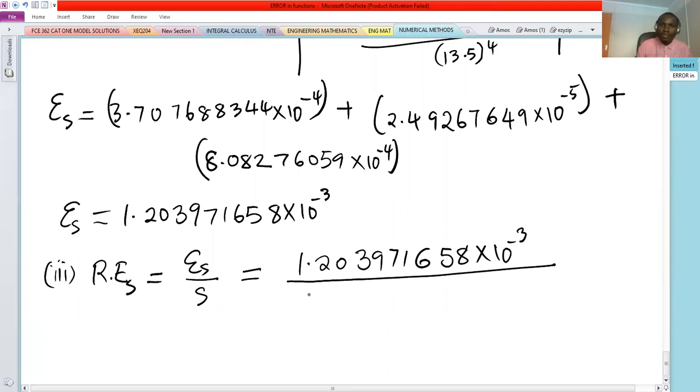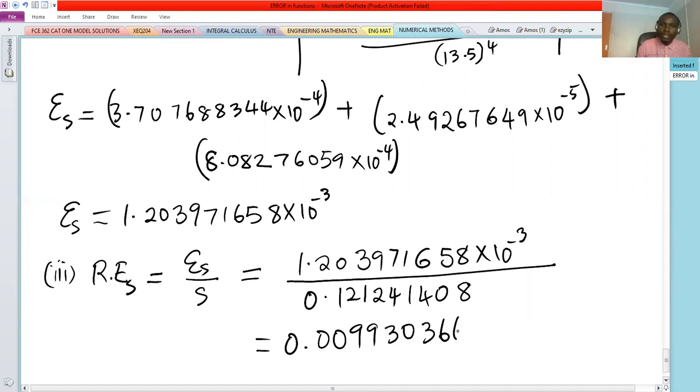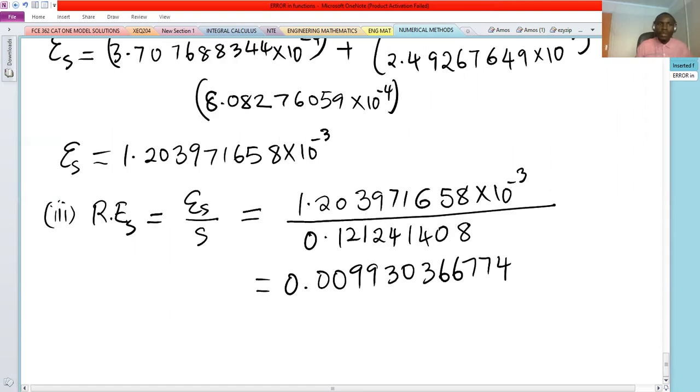We have 0.121241408. And when you carry out this division, you get 0.009930366774. So this is Roman 3.